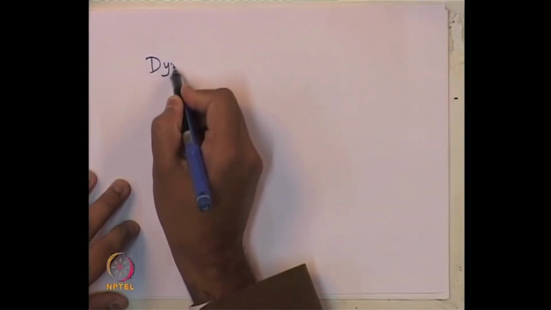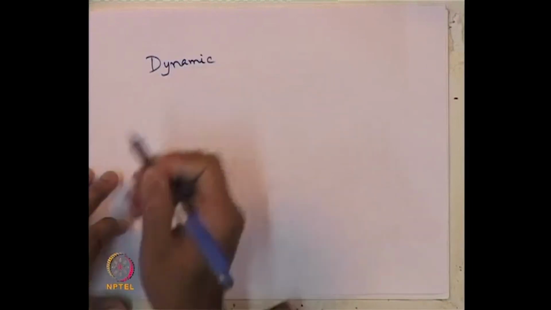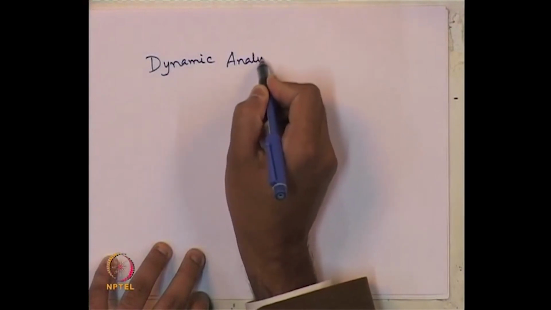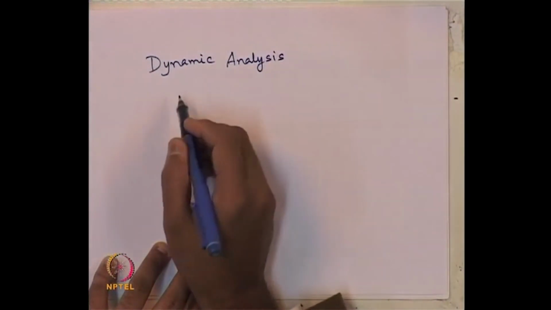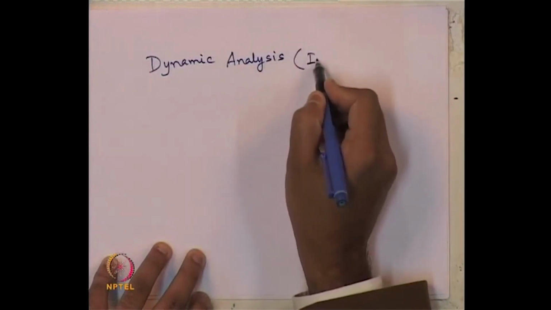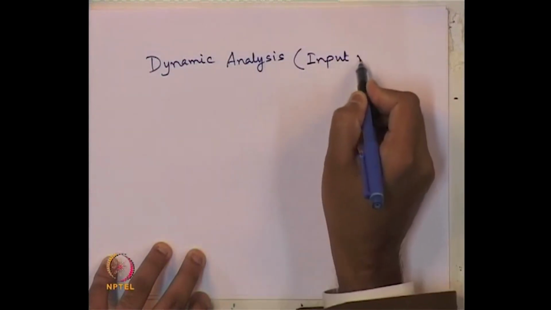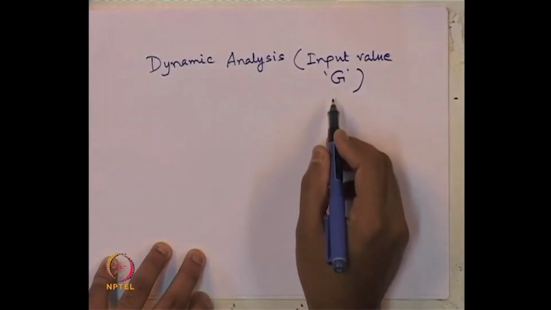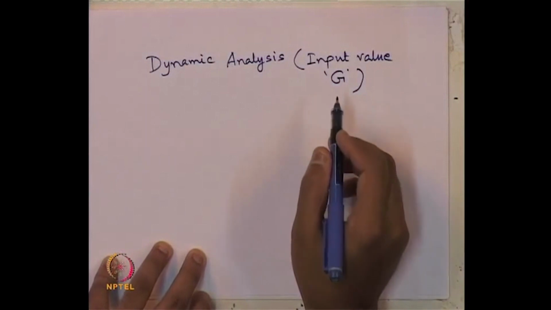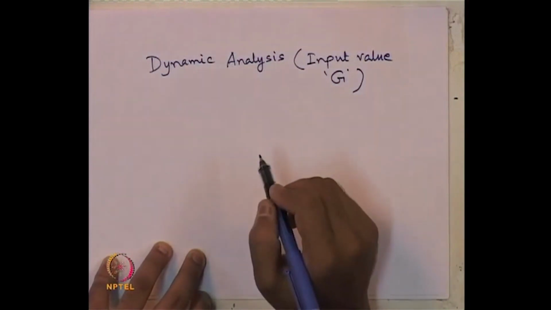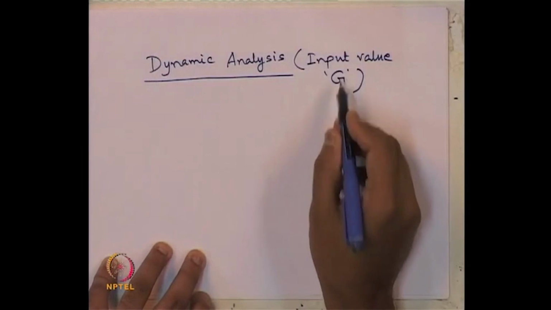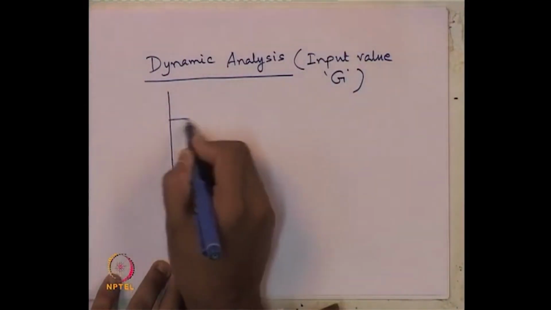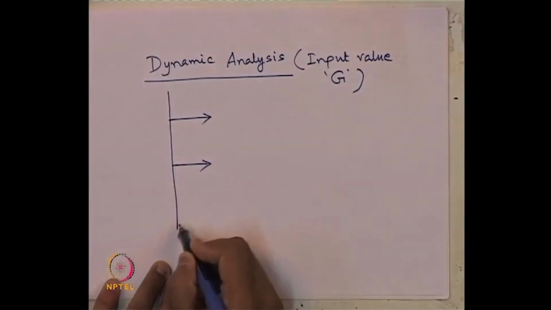Whenever we do any dynamic analysis, we have to give some input value of a soil property, say G, the shear modulus, which is the most important dynamic soil property. Depending on the input value of G, we can subclassify the dynamic analysis into three major categories.